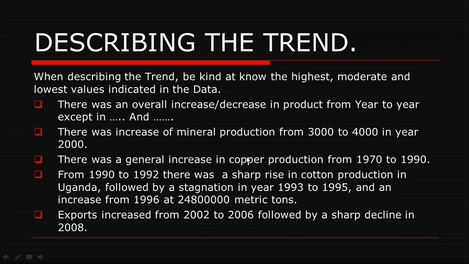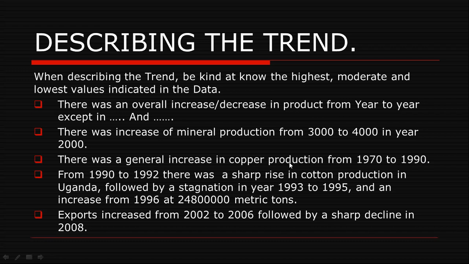You can choose to give the drop either in percentages when you have subtracted, or you give it in raw data. When I say raw data, you give the figures as they are. That can be another way. Then you can also say that there was a general increase in copper production from 1970 to 1990. But when you say there was general increase, it means that that production must be increasing.